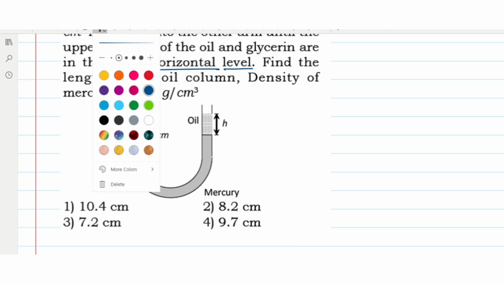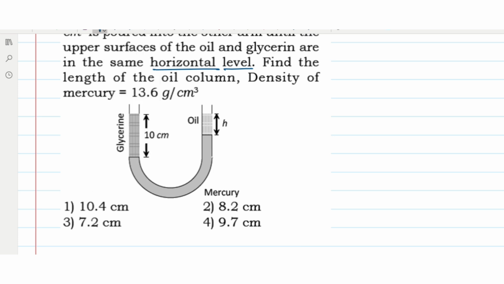Now let us take an assumption. Initially this was glycerin, filled up to 10 centimeter height. Let us take this point as A, and at the same level this point is B. This liquid is the mercury.